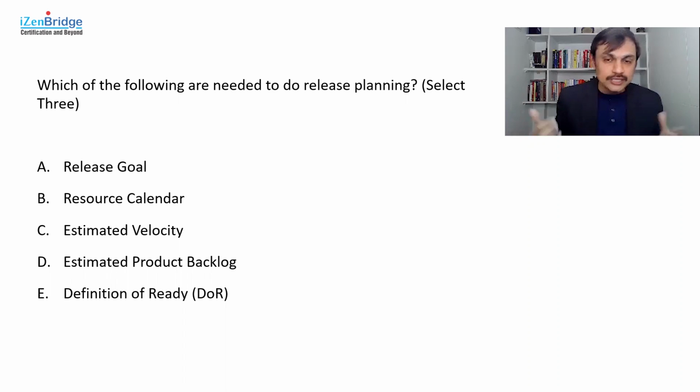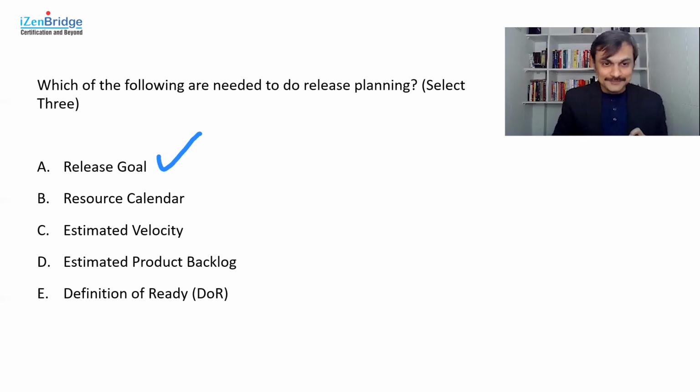The release goal could be that we want to push our MVP in the market, so we are doing an MVP release so that we can learn about it. So we need to have an understanding of what we are trying, what is the purpose of doing this release. And with the goal, we will figure out what goes inside it, because the inside content can evolve as we are working on the release, but the goal has to be there. So it's a good idea to have a release goal, unless we have some other options which make us do something otherwise. So as of now, I mark it, yes, we need it.